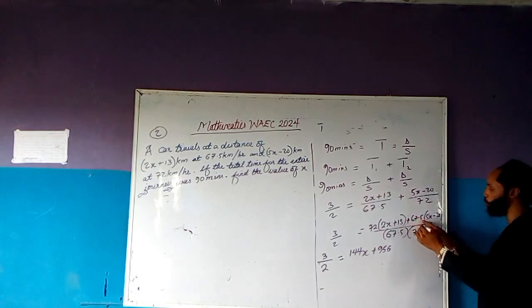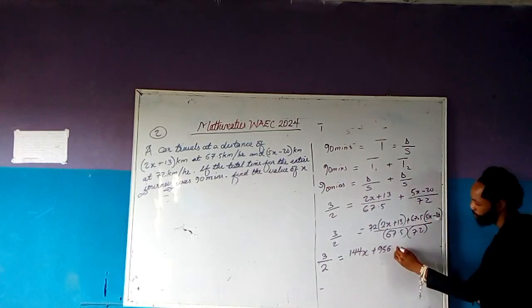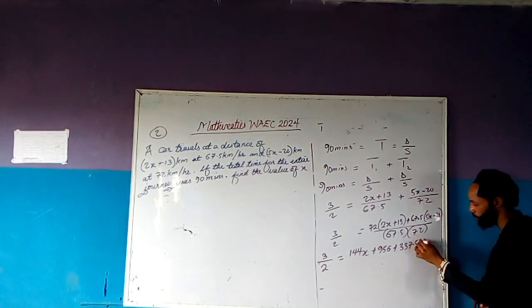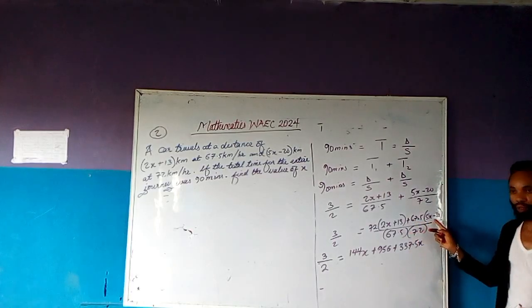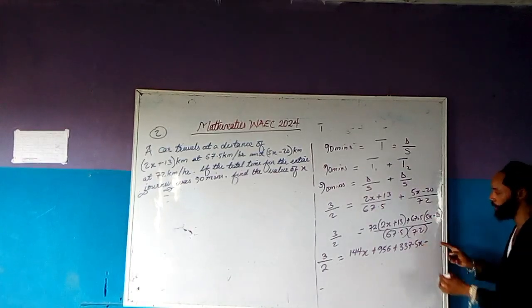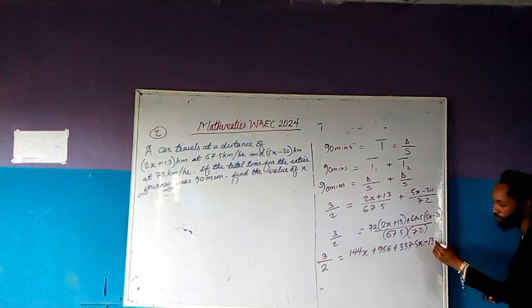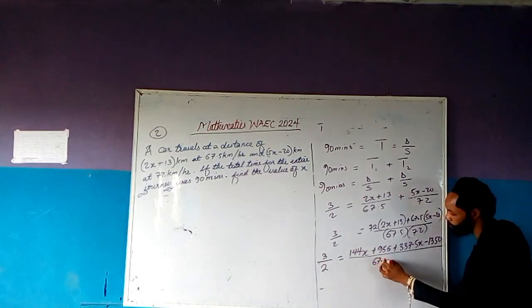And 67.5 times 5x, which is 337.5x. Then 67.5 times 20, we have negative here already, 1,350, all over 67.5 times 72.